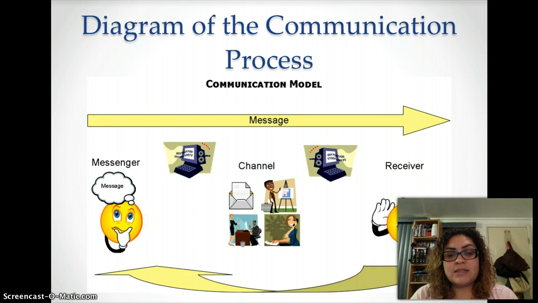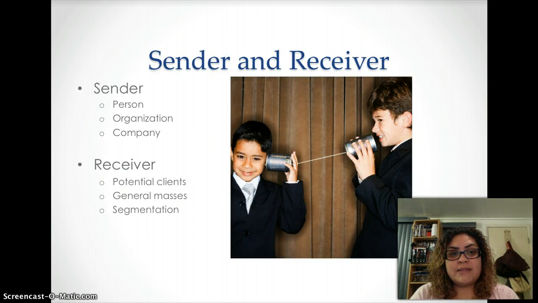That message is chosen a channel for it to get communicated to the receiver, and then the receiver decodes the message. Basically, your sender is an organization, a company, an advertising firm, and the receiver are potential clients, the general masses, or a particular segmented group of people.